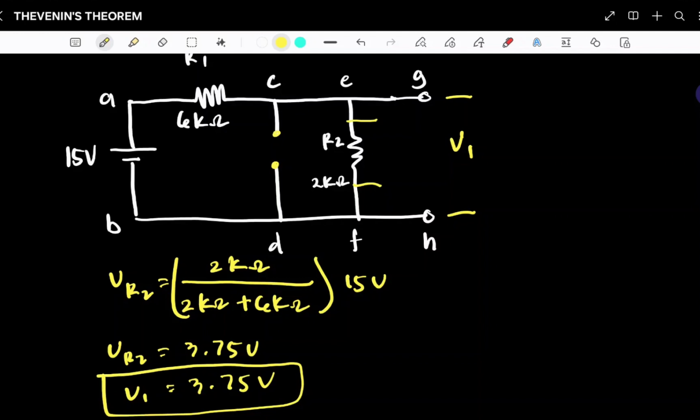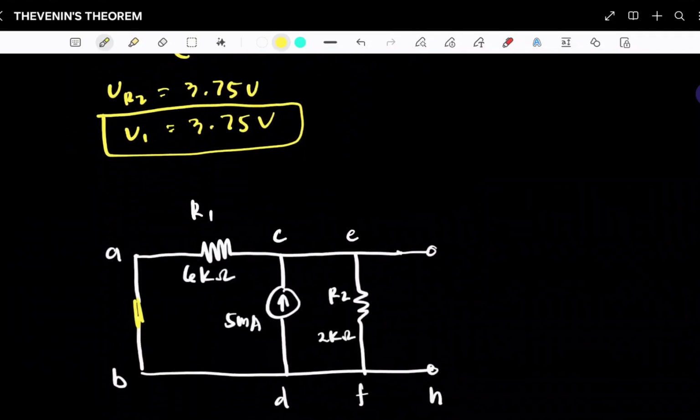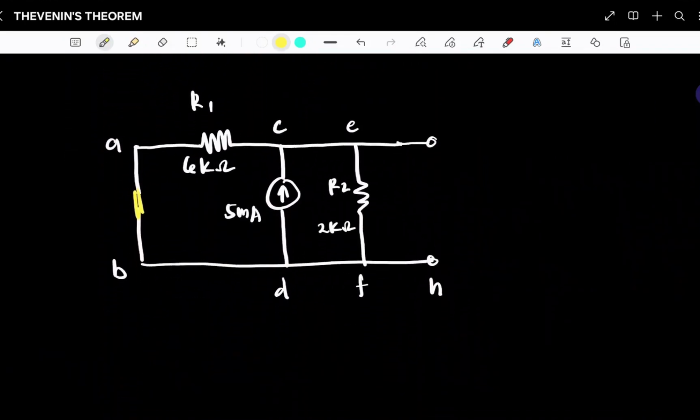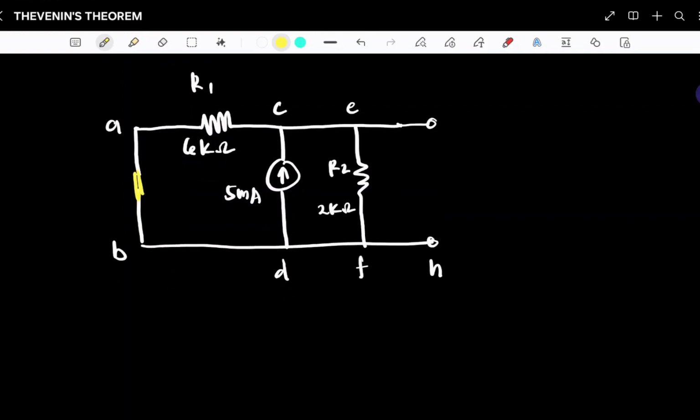Next, we solve for the voltage across the open terminals due to the 5 milliampere current source. In order to do that, we replace the voltage source with a short circuit. As you can see in the equivalent circuit, resistance R1 is parallel to R2. So let's get the equivalent resistance first.